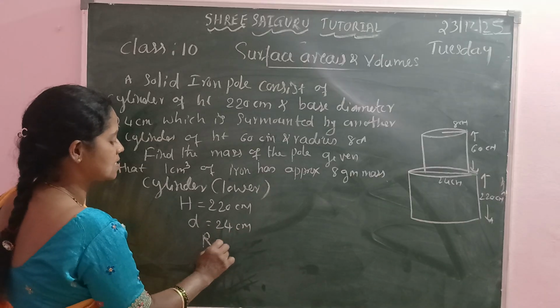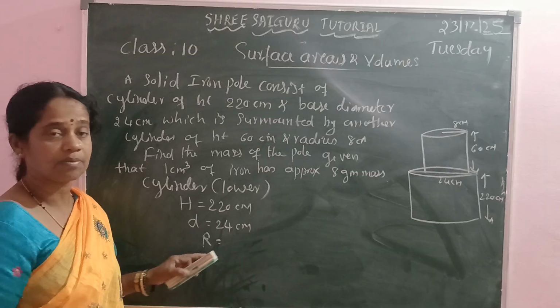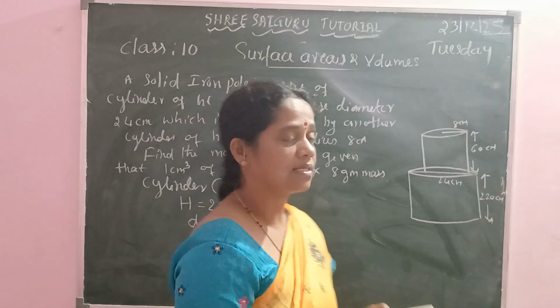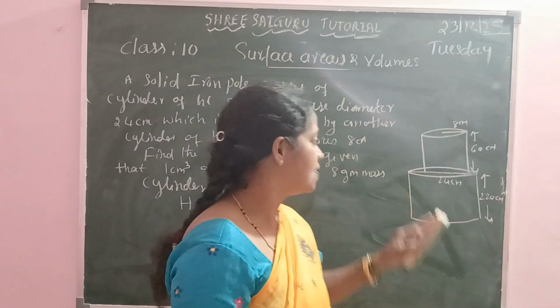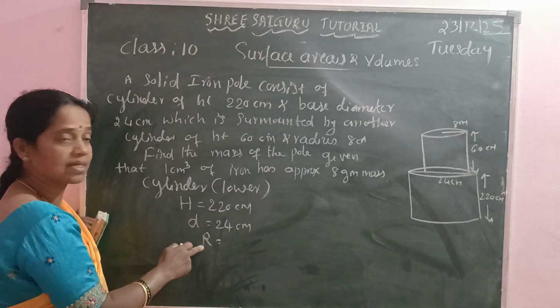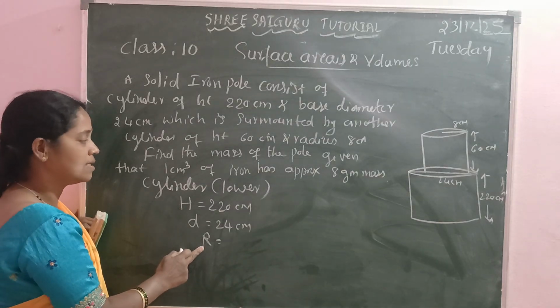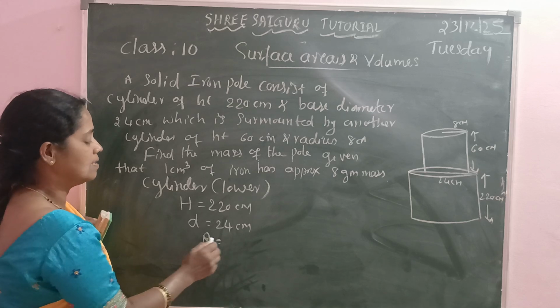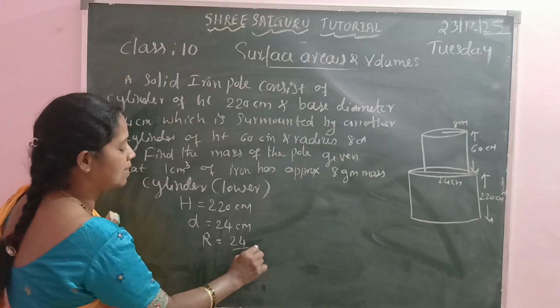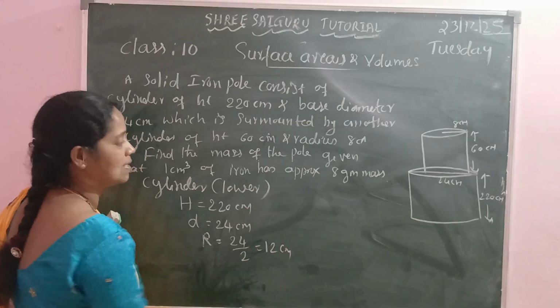Then the radius is represented by capital R. To differentiate the radius and the height of the two cylinders, I put capital H and capital R for the bigger cylinder. The radius is 24 divided by 2, which gives 12 centimeter.